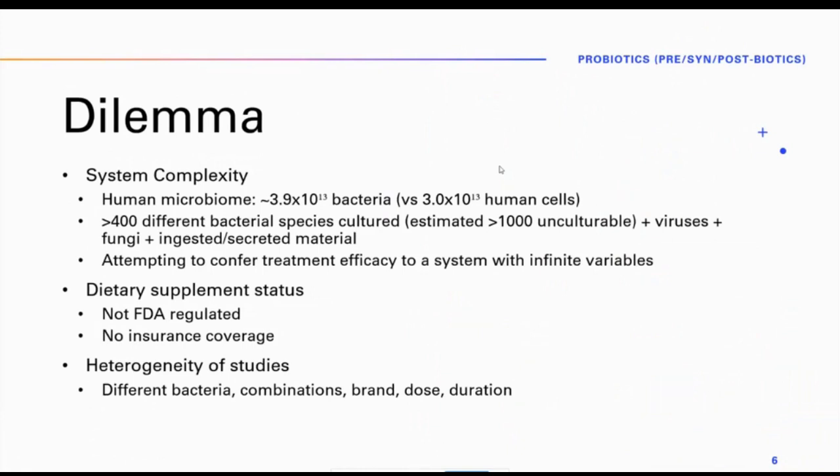And so I think a lot of us have kind of heard the study that was published a while ago that put out these kind of numbers comparing the number of cells that we have within our intestinal tract compared to our own human cells, and saying that the bacterial cells within our gut outnumber our human cells 10 to 1.